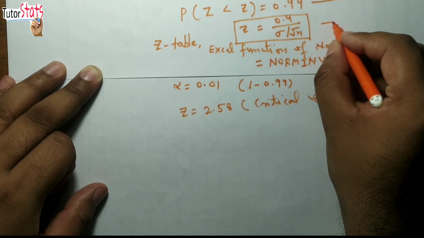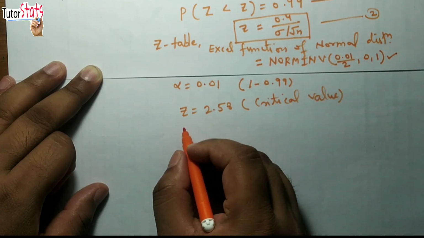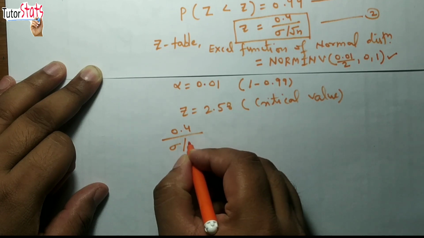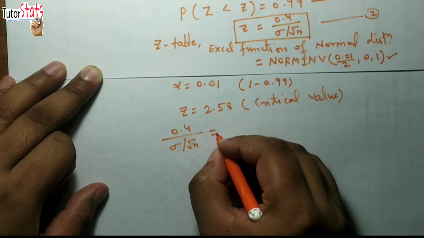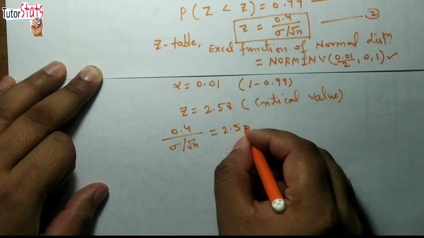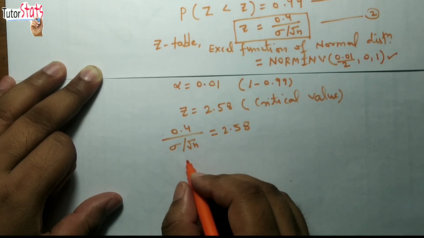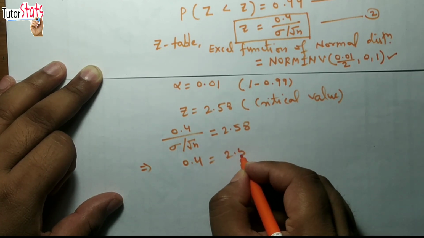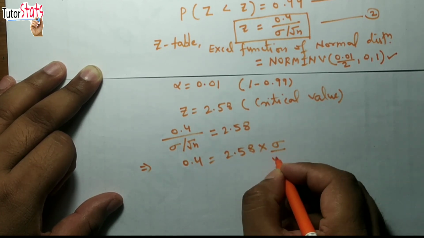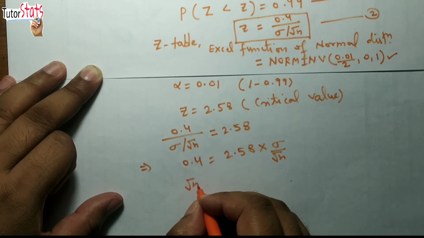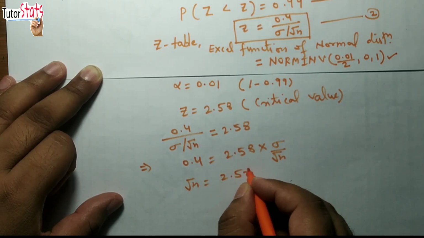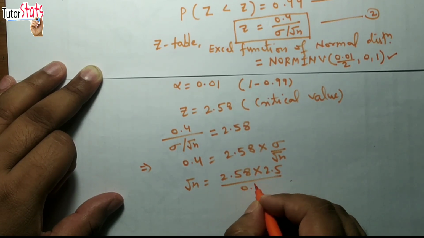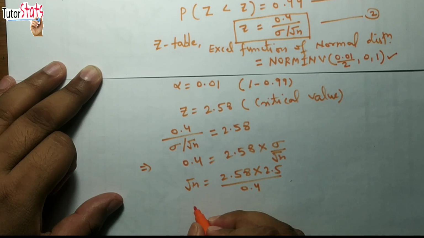Okay. And from equation 2 our z value is 0.4 upon sigma by root n, which is equal to 2.58. So this implies 0.4 equals 2.58 into sigma by root n, and root n is equal to 2.58 into sigma, which is 2.5, upon 0.4.